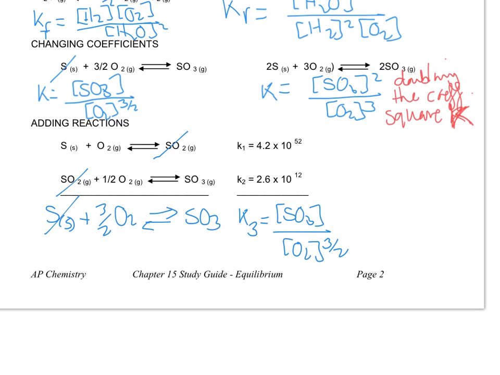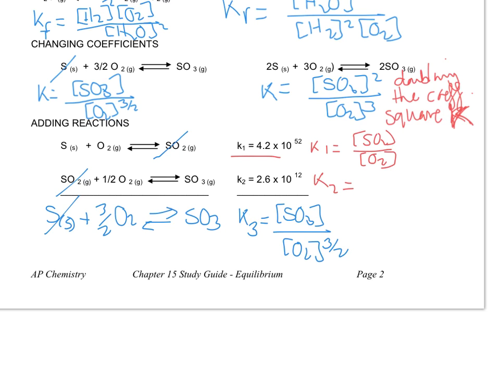Now, if you look at that, what we basically did was we took K1 times K2. So let's look at K1 here. K1, if you write your expression, would be SO2 concentration over O2 concentration.